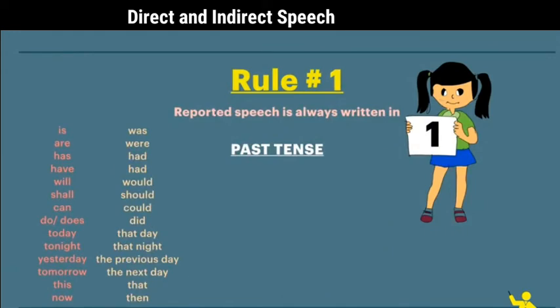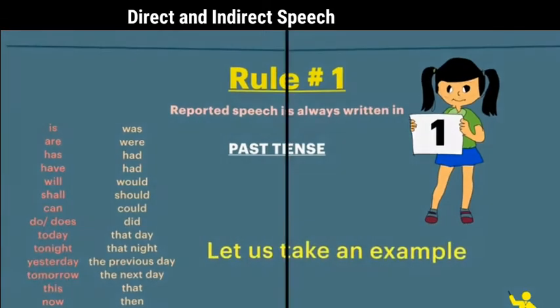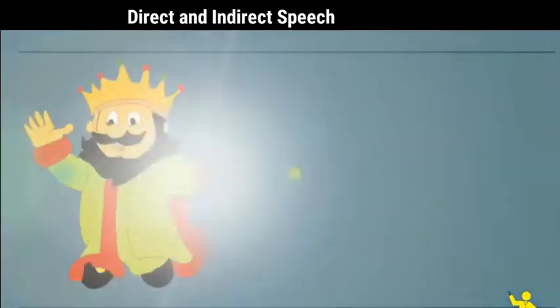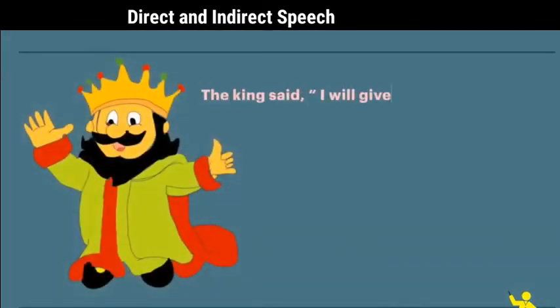For example, is becomes was, are becomes were, has becomes had, yesterday becomes the previous day, tomorrow becomes the next day, this becomes that. Let us take an example. The king said, "I will give a reward tomorrow."